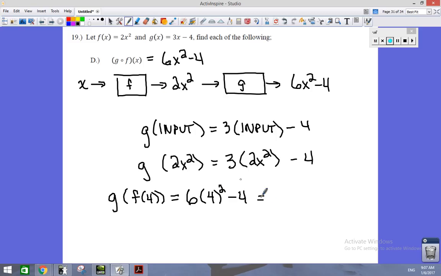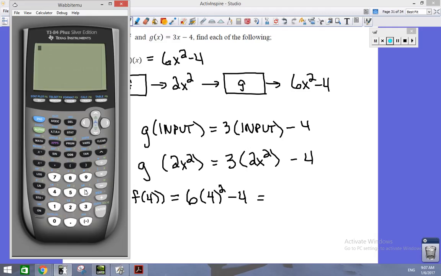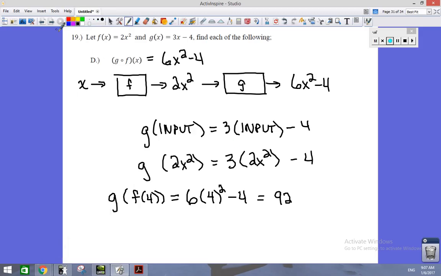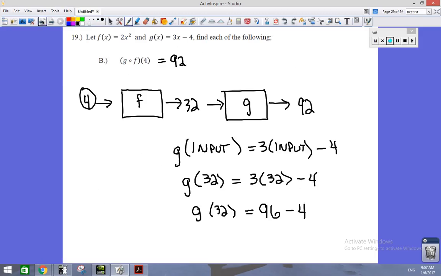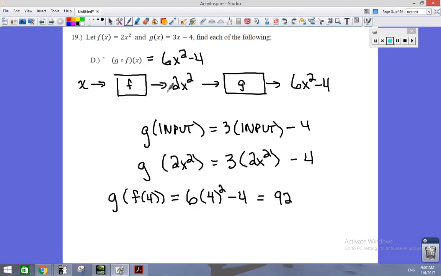Here was our answer for D. I'm just checking my answer in B. Let's use my calculator so I don't make a silly mistake. And I've got 6 times 4 squared is 16, minus 4. 92. Is that what we got? Hey, 92. All right. So that checks.